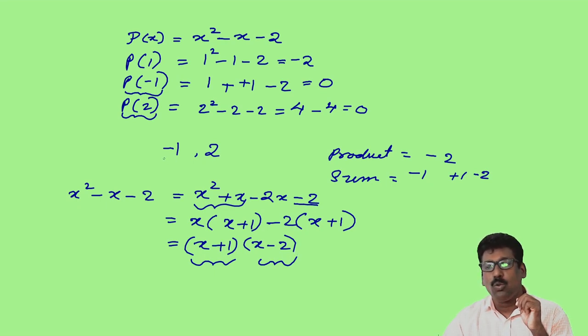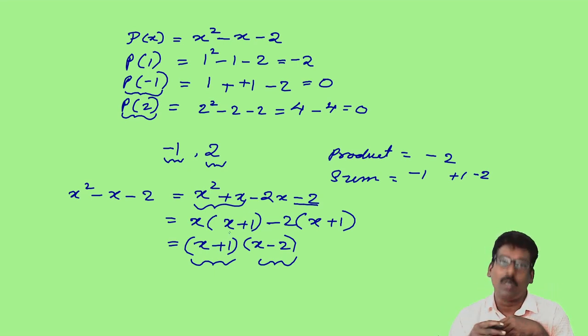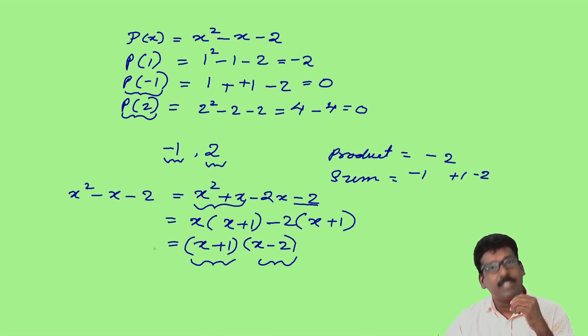Now, here you got the zeros minus 1 and 2, and the factors x plus 1 and x minus 2. Can you find a relation? Yes, this you have already learned in class 9. If negative 1 is the zero, you can write x plus 1 as a factor.